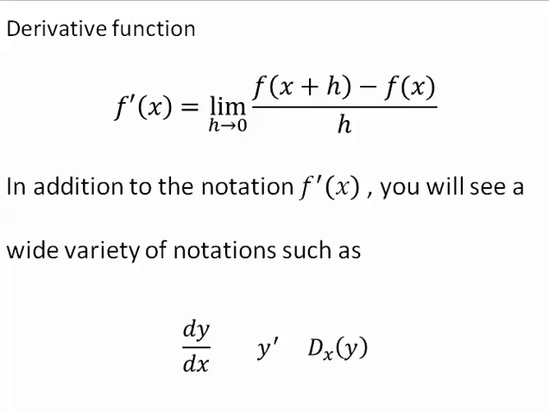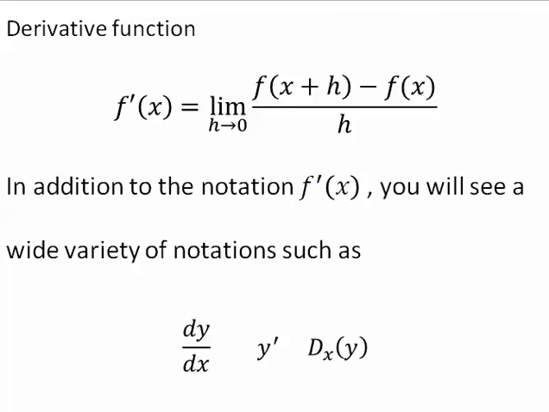In addition to the notation f prime of x, you will see a wide variety of notations, and I've given three notations. You'll see dy dx, y prime, and d sub x of y.